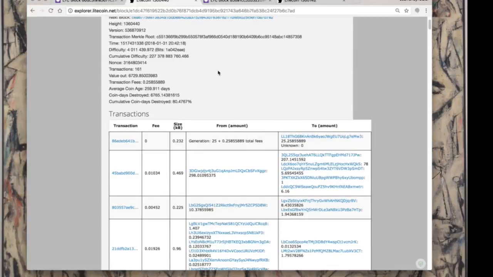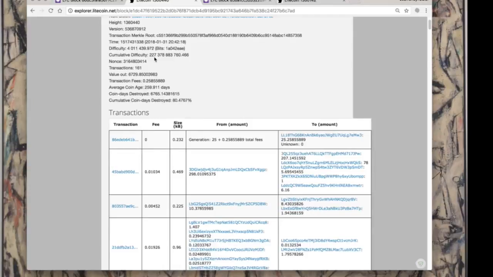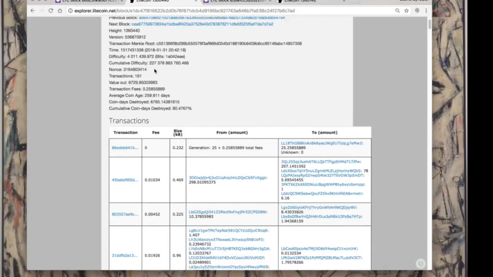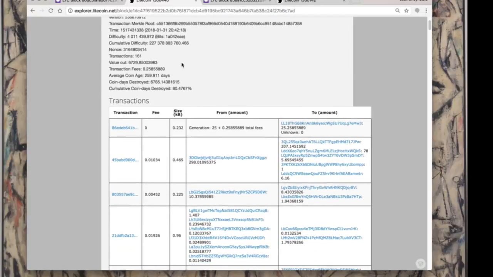Cumulative difficulty. Not 100% sure what that is. But nonce is what we talked about earlier. It's the number that miners are trying to input into the hashing equation so that the result reaches below the threshold of the difficulty. Value out.